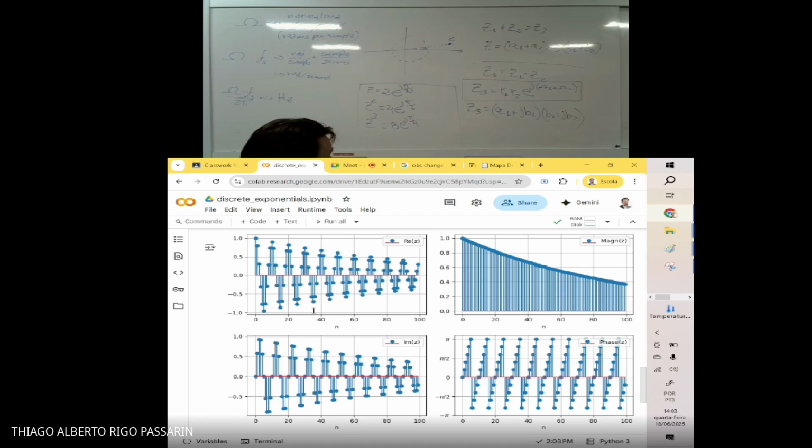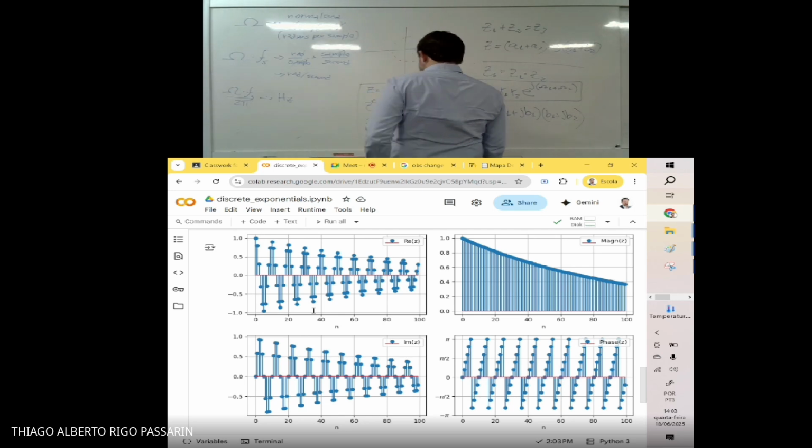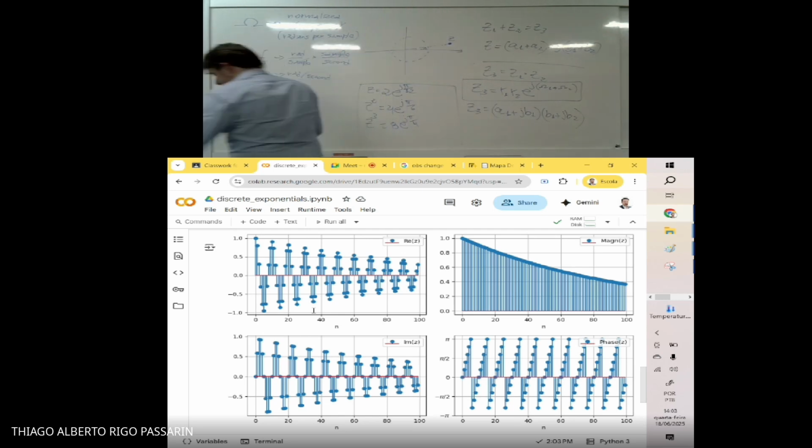And why are we talking about exponentials, exponential functions and defining them very carefully? Because we will take arbitrary signals and break them into exponentials. And in the discrete case, the exponentials will follow this notation. All of them will be z to the n.